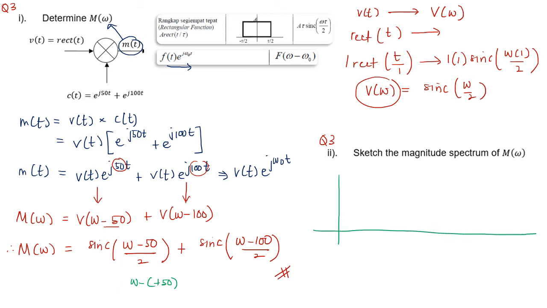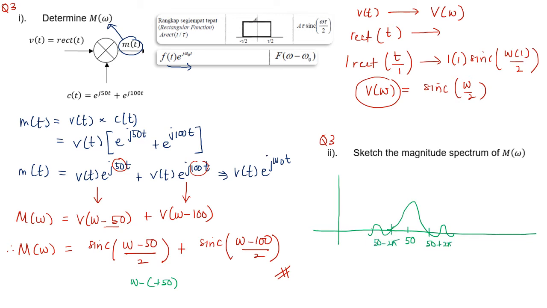You have this sinc function centered at 50, and here is 50 plus 2 pi, and here is 50 minus 2 pi.